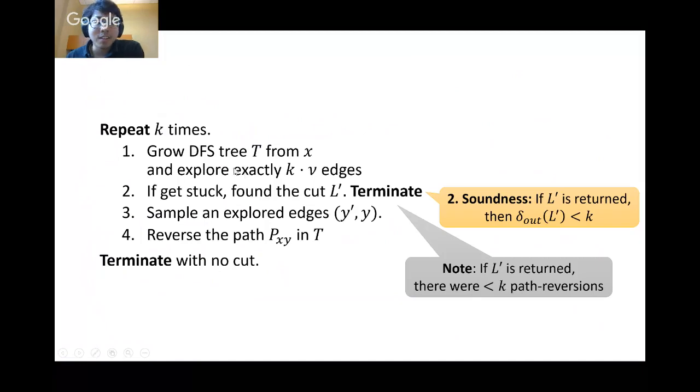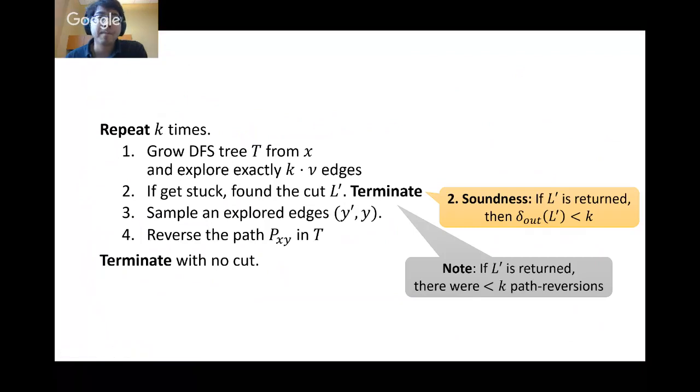Because we might have repeated this k minus 1 times, and in the last iteration, we return a cut L prime before we reverse the path in the kth iteration. So if we return L prime at all, there were less than k path reversions.